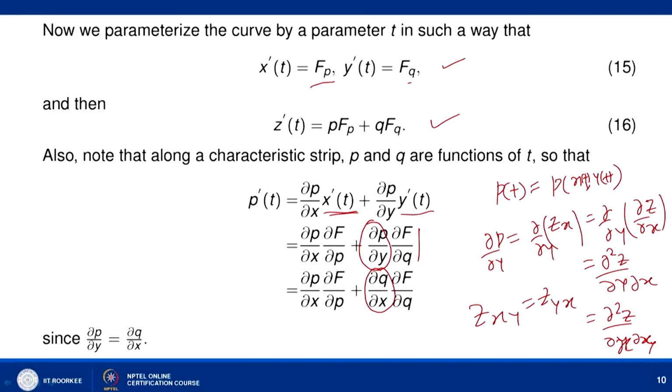So, replacing p_y by q_x, we have p dash t equal to del p by del x, del f by del p plus del q by del x, del f by del q, and we have the relation for p dash t using that p is a function of x, y and x, y are functions of t. But we also know that p satisfies the equation F(x, y, z, p, q).